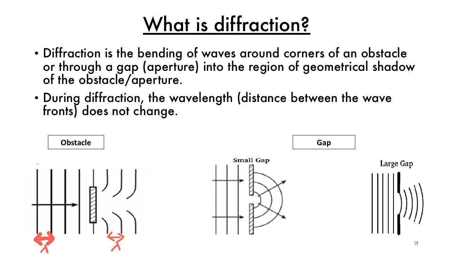So let's see. In the first diagram, we can see that this arrow is showing you the direction of wave, whereas the perpendicular lines which you see, they are showing the wavefronts.